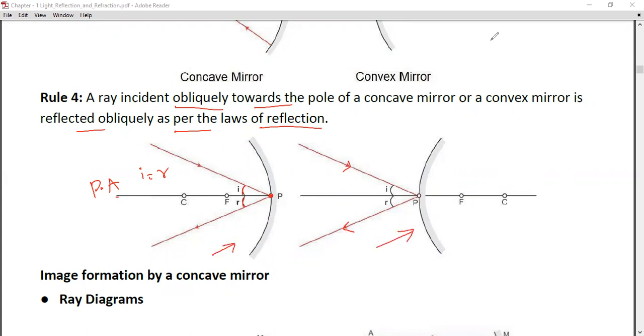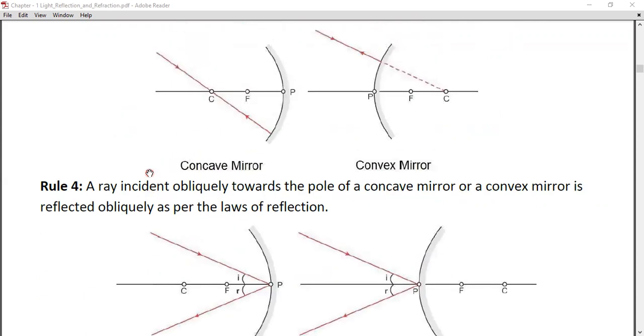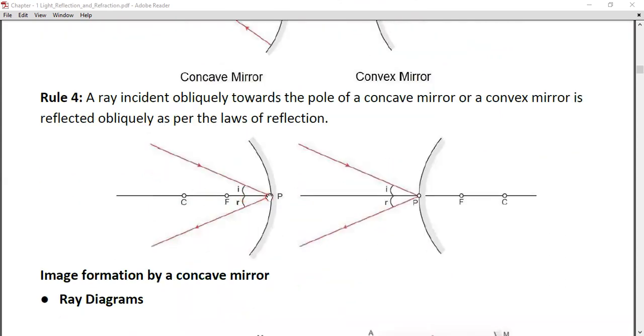Understood, guys? So listen, before getting into the ray diagrams for image formation of concave mirror and convex mirror, it is compulsory to know the rules for drawing the ray diagram. And these 4 rules are quite standard, okay, guys, for understanding the image formation. So rule 4 is so easy to remember, guys, because it is falling at the pole and reflecting symmetrical to the principal axis in both the cases.